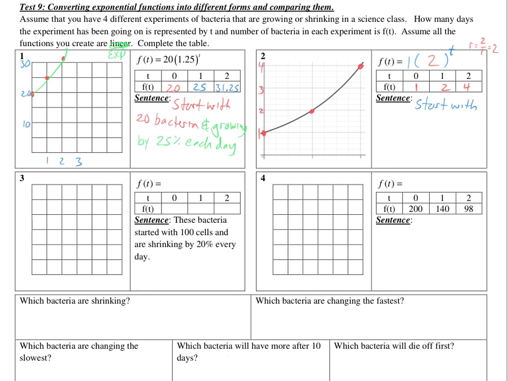You started with 1 bacteria. They saw 1 single, very small bacteria. And is it growing or shrinking? It's growing by, oh, what percent is that? Well, it's doubling. Could I use the words it's doubling every day? Yes. Or could you see that as 100% growth?